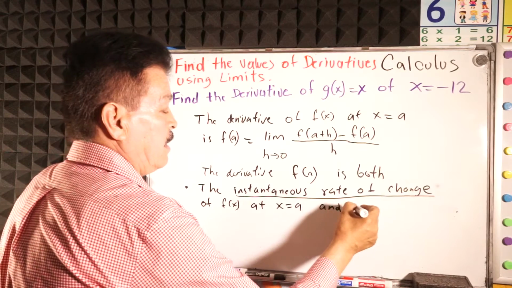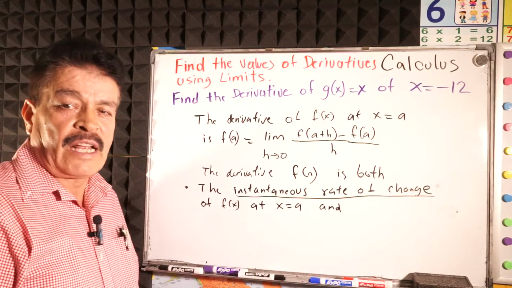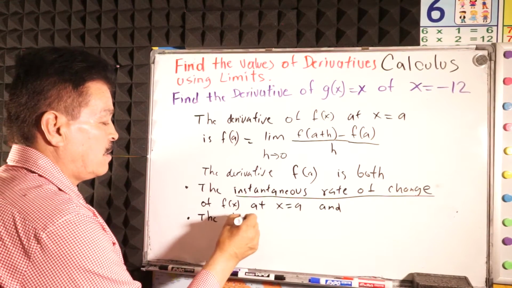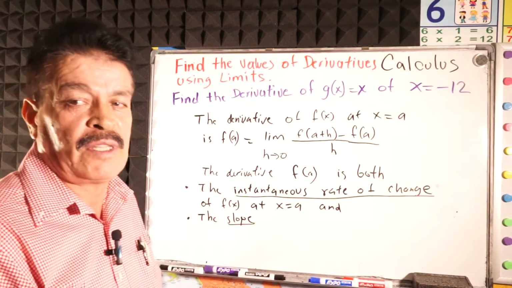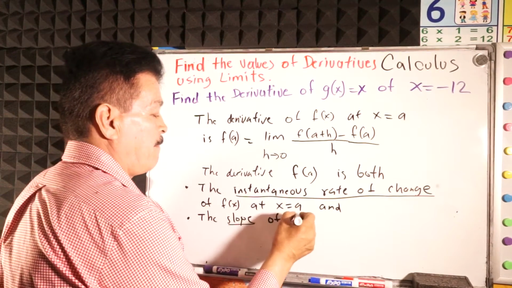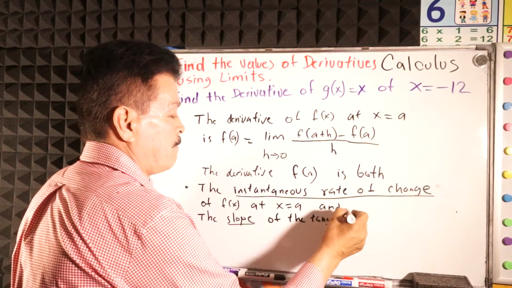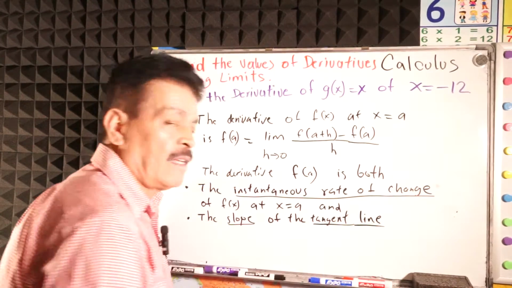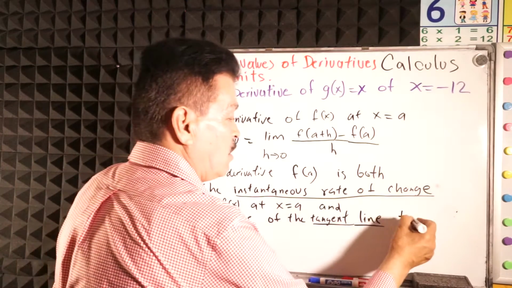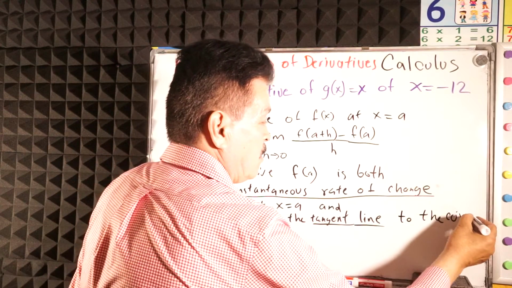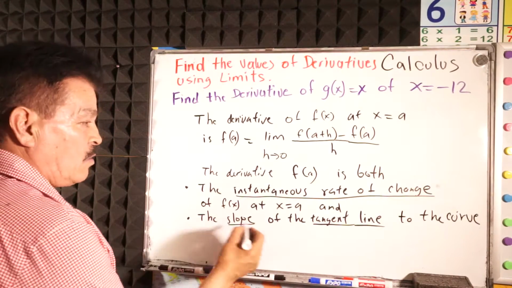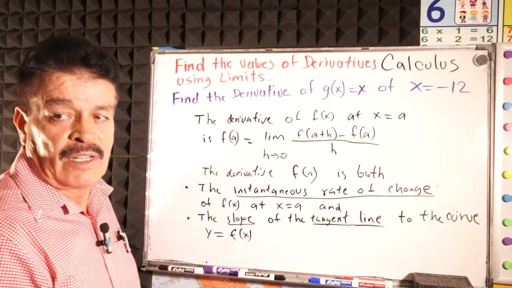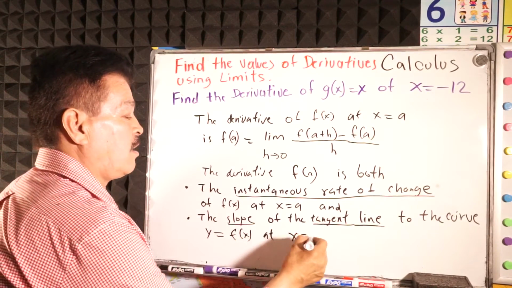And there is another idea: the slope of the tangent line to the curve y equals f of x at x equals 8.